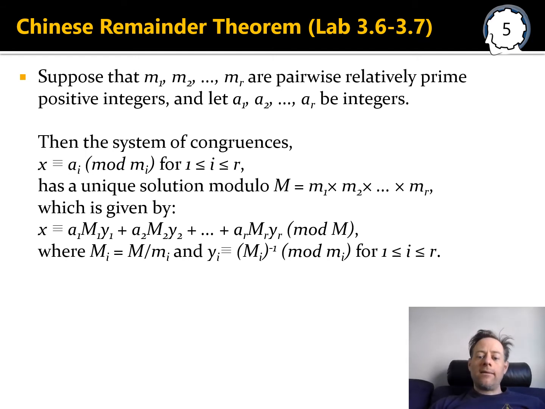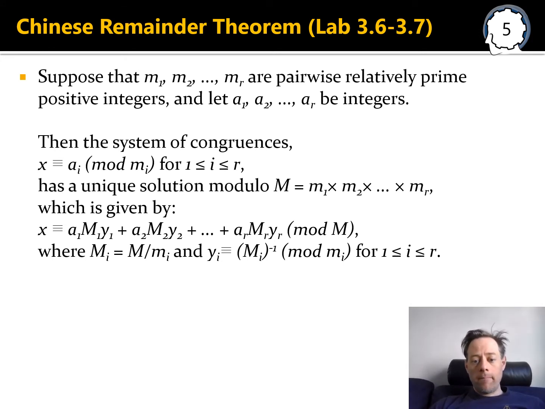And you basically get this by calculating a number yi for each of these equations, which is equal to the inverse of this capital Mi. And this capital Mi is the capital M divided by mi, basically taking all the other factors except mi.